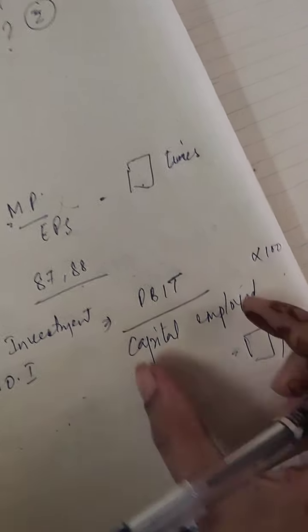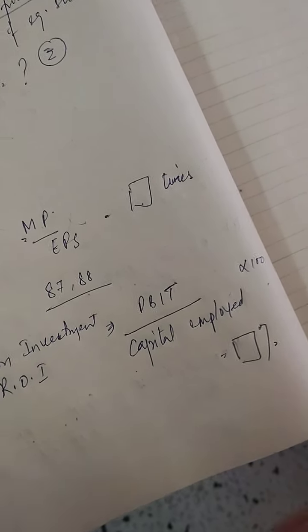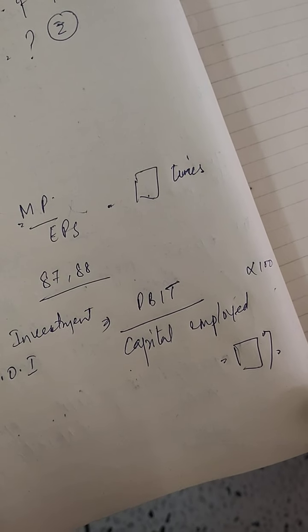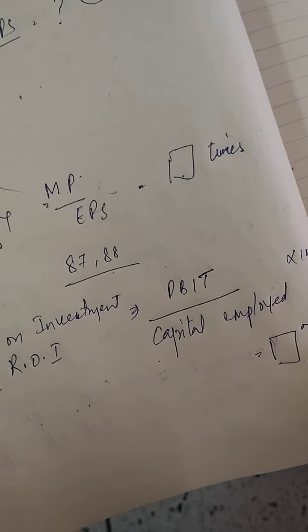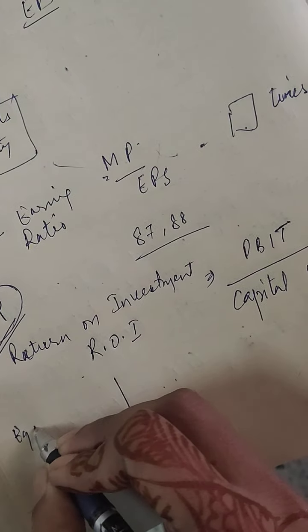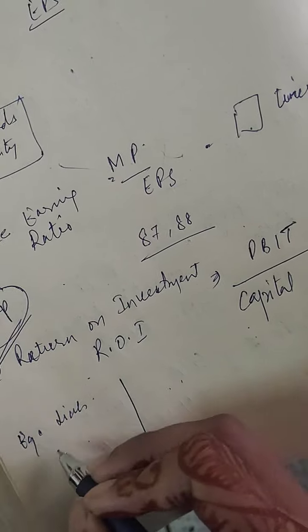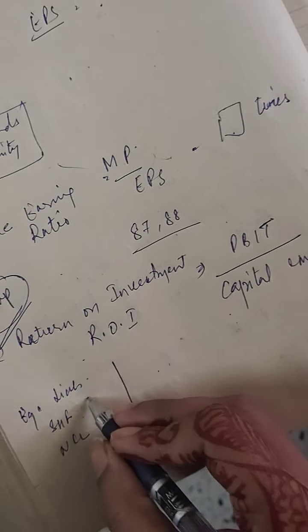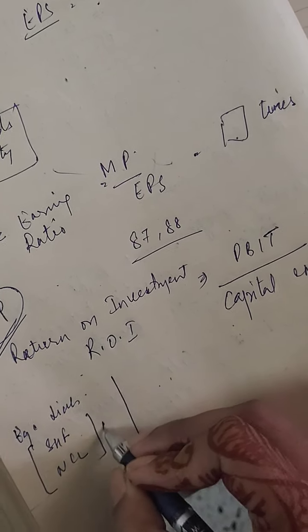Now calculating the capital employed is your own talent. Again, you can use the liability approach or the asset approach. If you use the liability approach, what will be the capital? I will just make a small balance sheet, equity and liabilities, right? And from there the shareholders fund and the non-current liabilities. This is your capital employed.